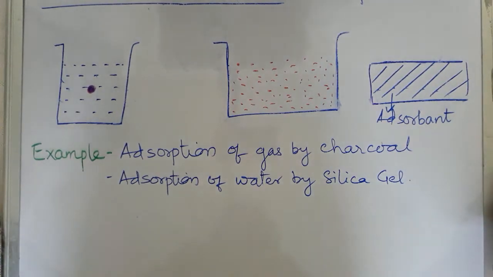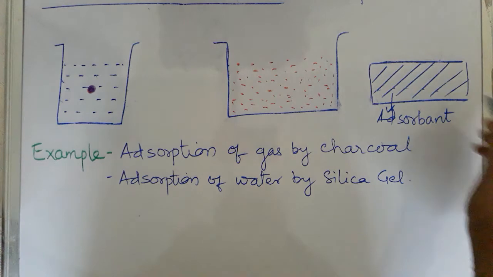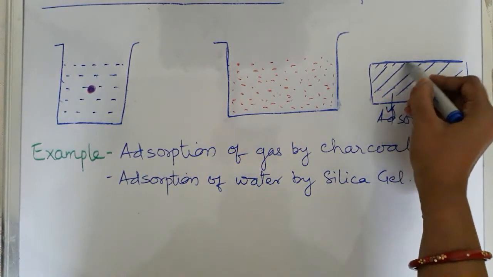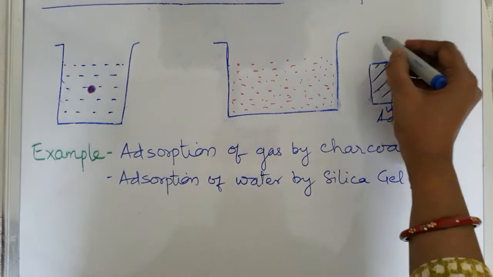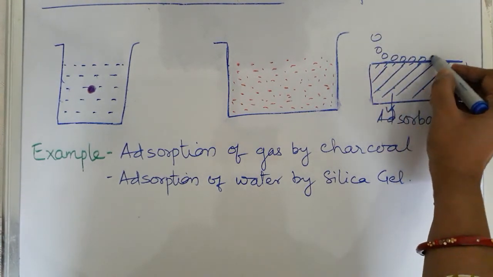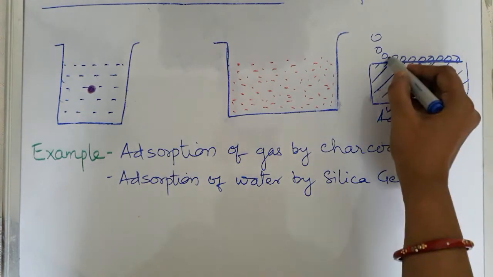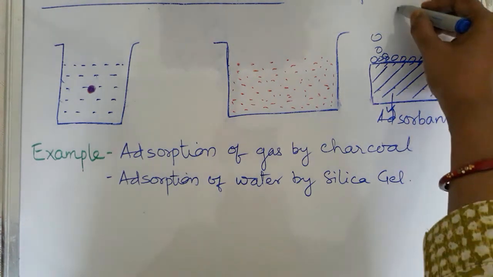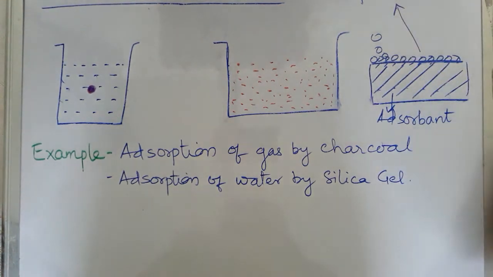And on this surface, some molecules or particles come and get accumulated. This accumulation of particles on the surface is known as adsorption.